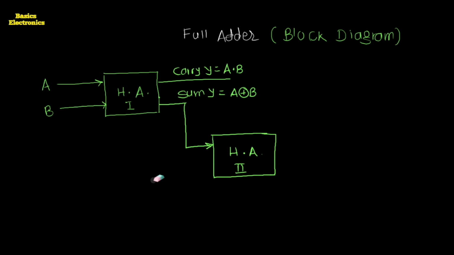The first half adder performs the addition of two binary bits, and the second half adder also performs the addition of two binary bits, but the first half adder has the binary inputs A and B, while the second half adder has the inputs A XOR B and C. Then it produces two outputs, the carry output and the sum output.